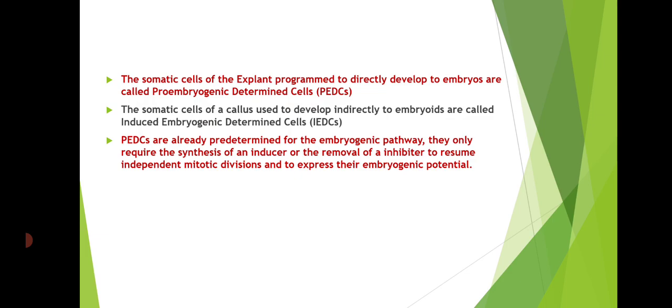That is, normally the somatic cells are programmed to develop into embryos, in connection with some tissues related to embryo formation. It is not that embryos develop only from the zygote. That is a naturally occurring thing, with a period of dormancy, and that dormancy is maintained as a result of the presence of some inhibitor substance.